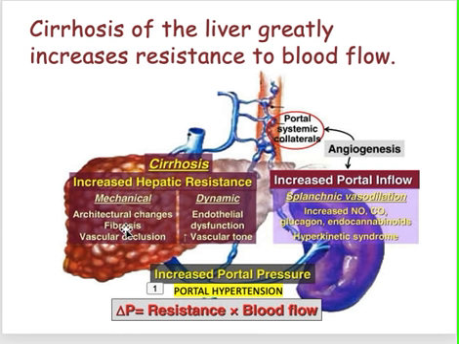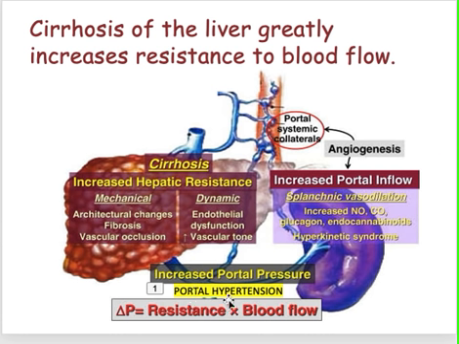The scar tissue would cause occlusion of your blood vessels, and because of the vascular occlusion and all the other things here, like endothelial dysfunction and increase in vascular tone, this causes a backflow of blood back into your portal circulation. Since the blood from the portal circulation cannot readily enter your liver, it creates a backflow, and because of the backflow, there's an increase in portal pressure, resulting in portal hypertension.